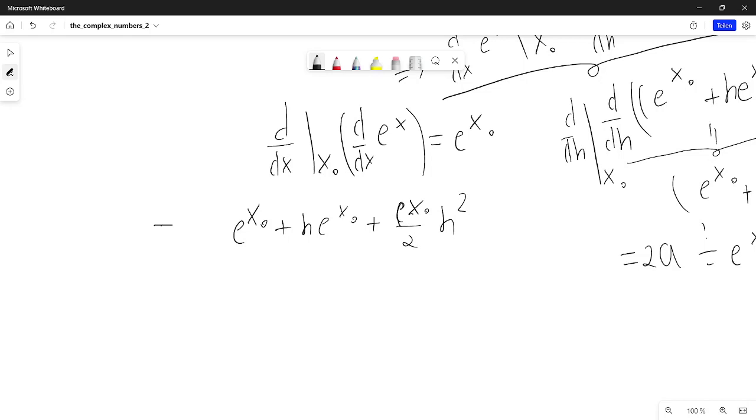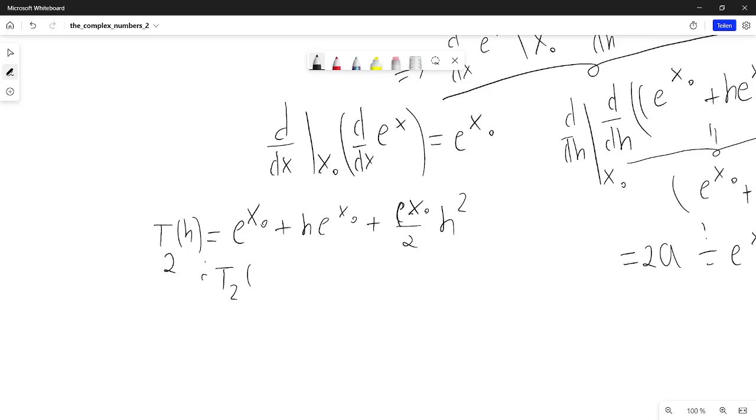Let's call it, since it is the second degree, T2 of h, is equal to the polynomial, and T2 of h has properties.